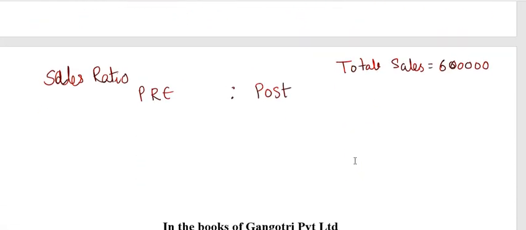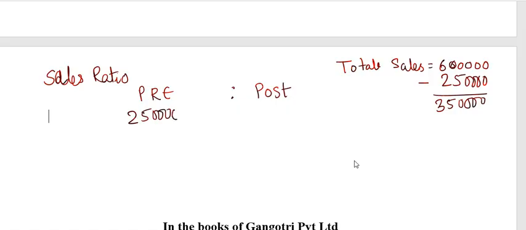So from total sales minus 2,50,000, remaining is 3,50,000. So for pre-incorporation sales is 2,50,000, and from the 6 lakhs, 2,50,000 is for pre-incorporation, and the remaining 3,50,000 is for post-incorporation.